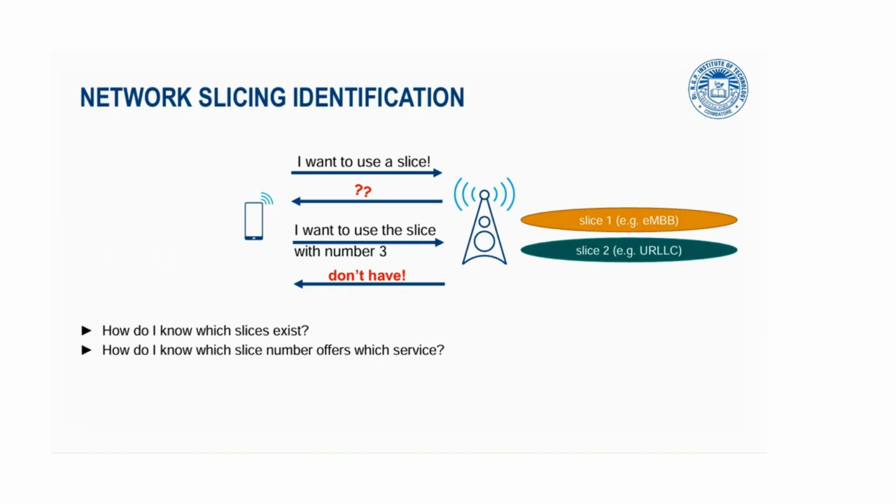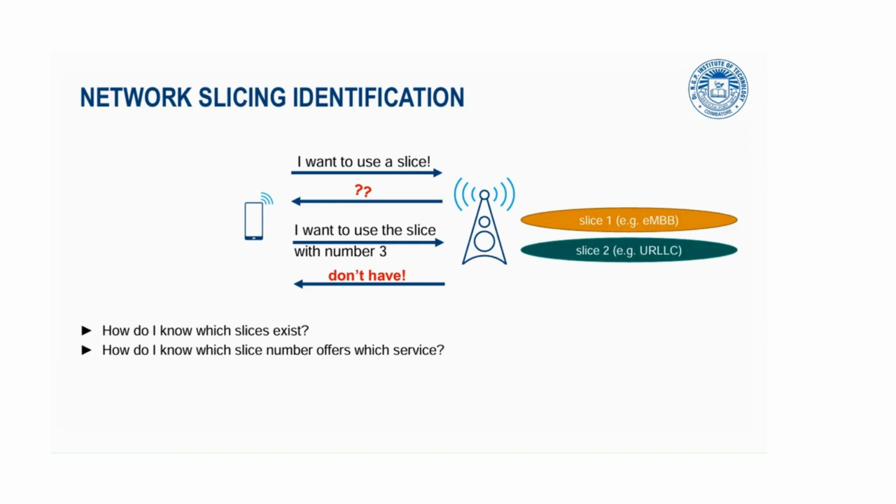Basically, network slicing enables a mobile network to be logically divided into multiple virtual networks on top of the shared physical infrastructure. Each slice is optimized for specific service types, like we saw in the previous slide, from critical IoT to mobile broadband and low latency services to massive IoT.